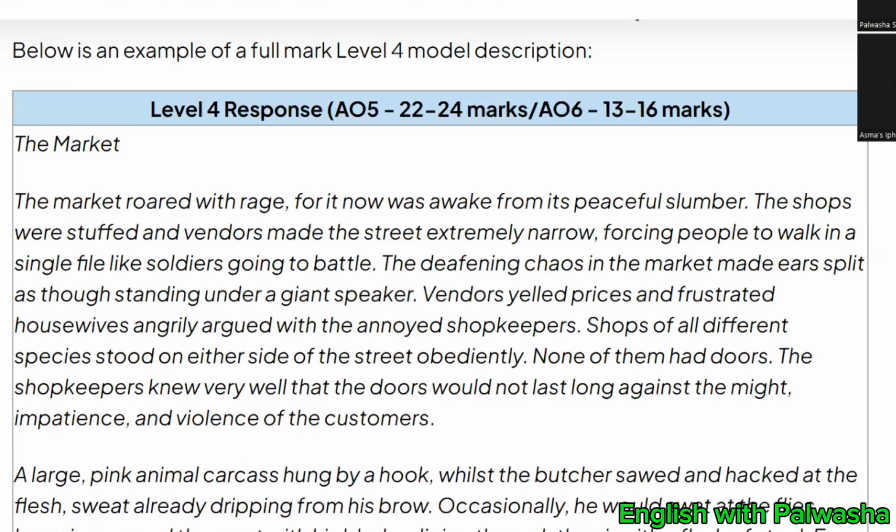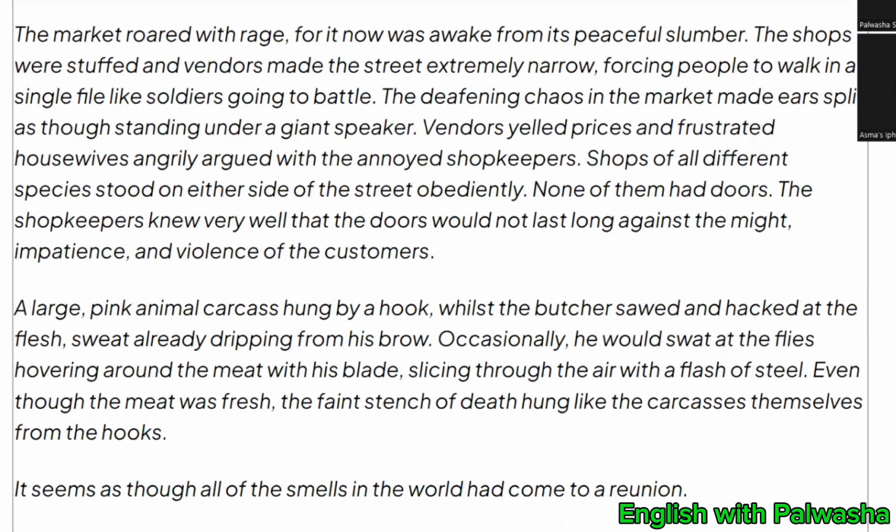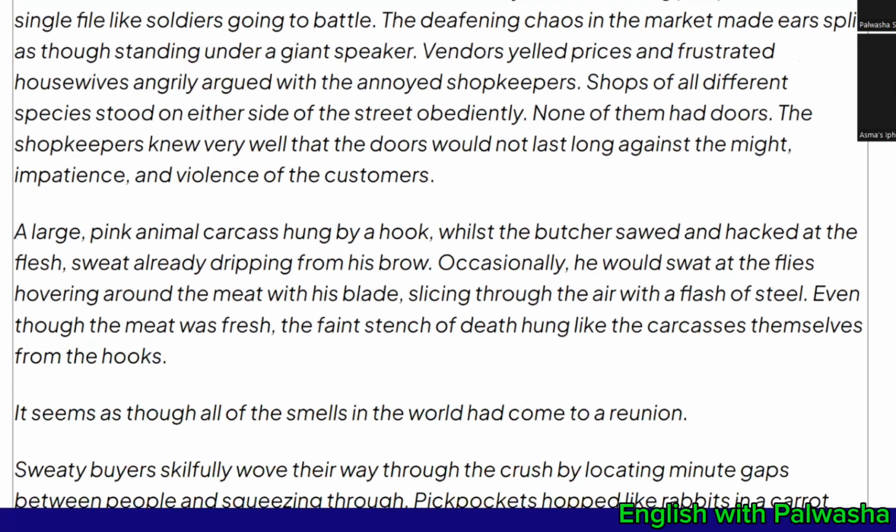None of them had doors. The shopkeepers knew very well that the doors would not last long against the might, impatience and violence of the customers. A large pink animal carcass hung by a hook, whilst the butcher sawed and hacked at the flesh, sweat already dripping from his brow.